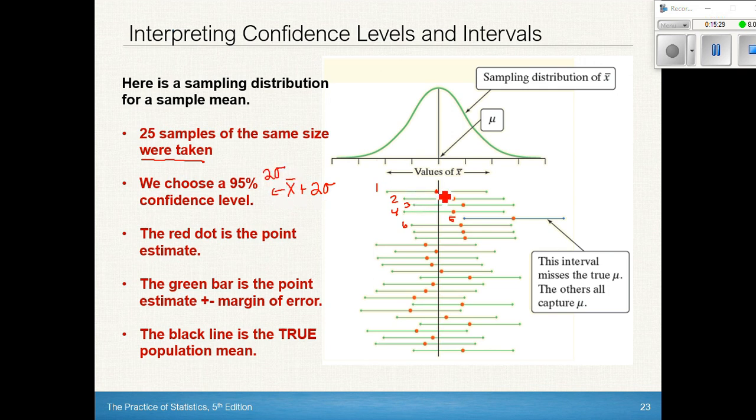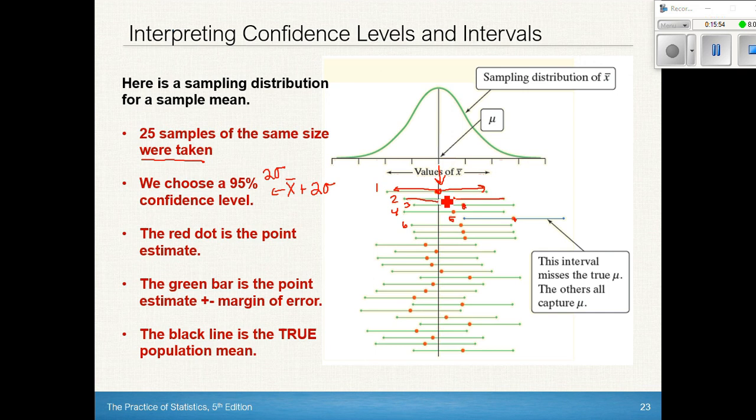The red dot is your point estimate, and the green bar is the margin of error. This is my X bar, and I added 2 standard deviations and subtracted 2 standard deviations. This black line right here is my true population mean.